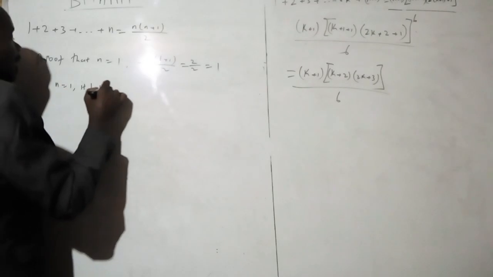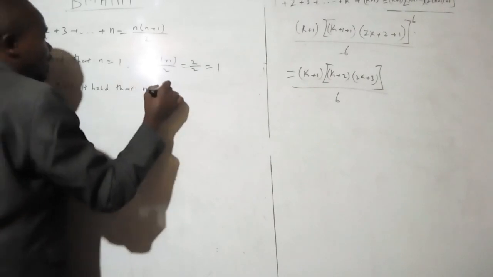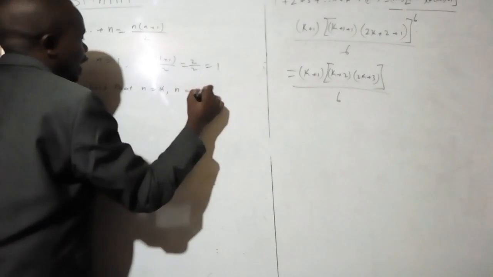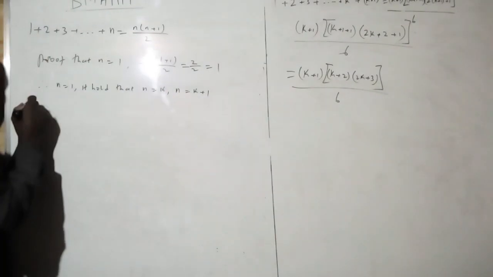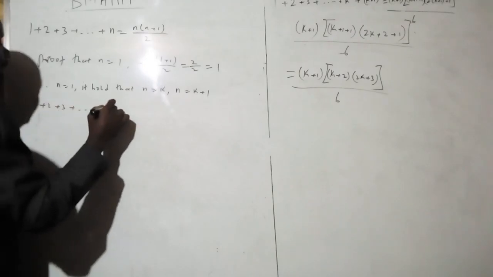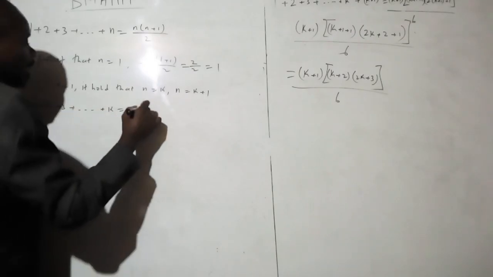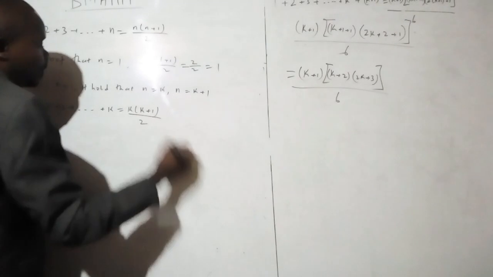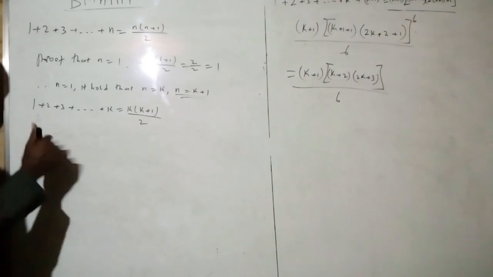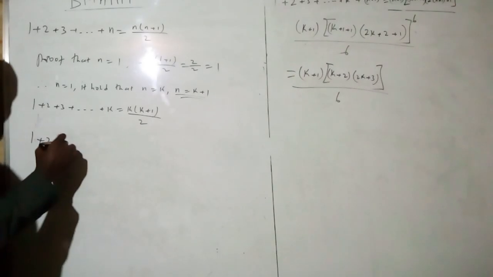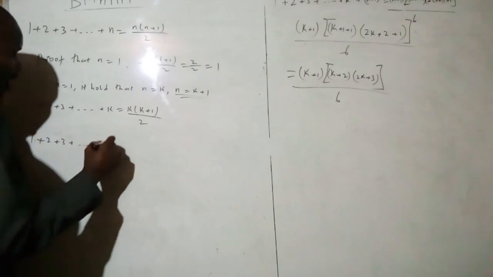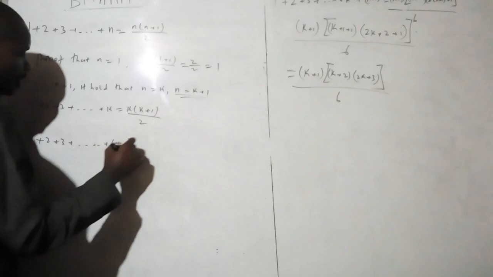Then we assume that n is equals to k, and n is equals to k plus 1. We come to this equation and say 1 plus 2 plus 3 plus dash dash plus k is equals to k times k plus 1 over 2. Since it holds on this, we come and say 1 plus 2 plus 3 plus dash dash plus k plus 1.